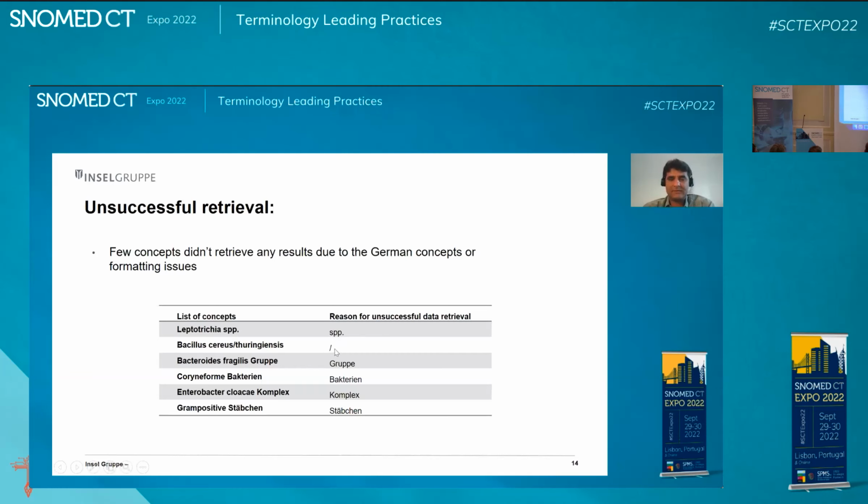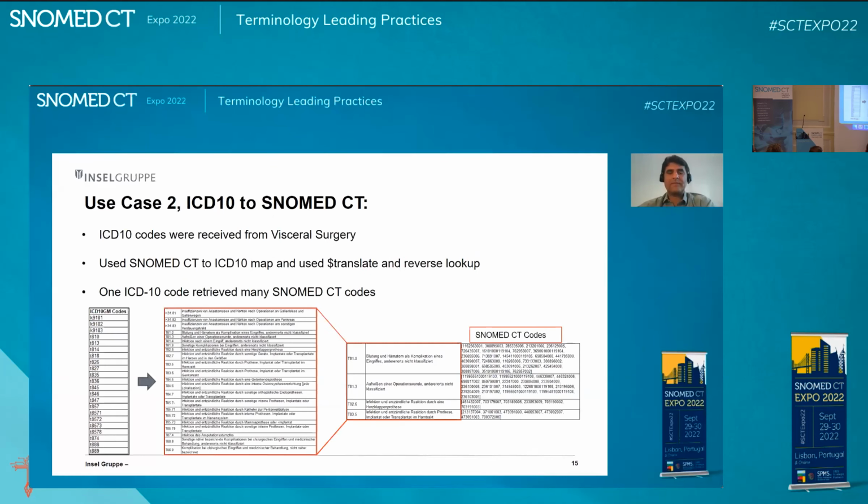There were also slashes and Gruppe, which is group in German, and Bakterium, which was also a German term, and bacteria complex. So there were some terms for which we did not get any results.